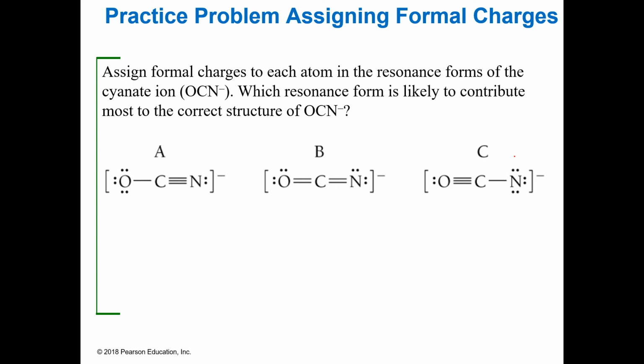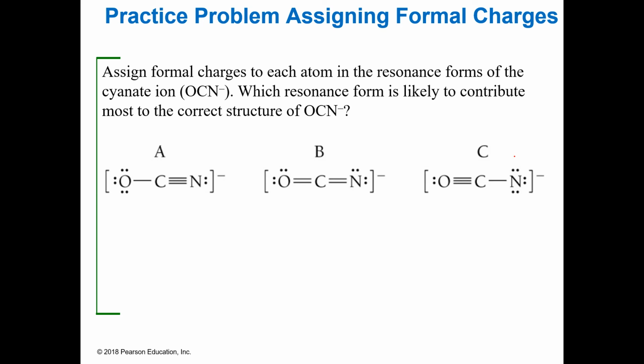Here are 3 resonance structures for the cyanate ion. They're already drawn for you. All 3 of them exist, but that doesn't mean they all 3 contribute the same way. Remember when we talked about resonance, they both exist because the electrons are moving from one side to the other, if you think about ozone.